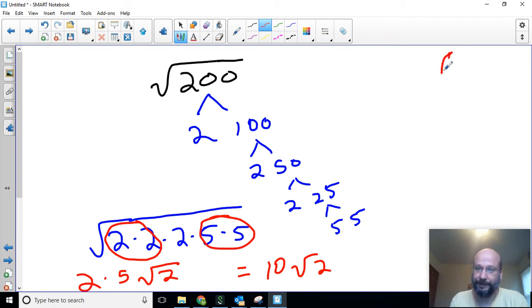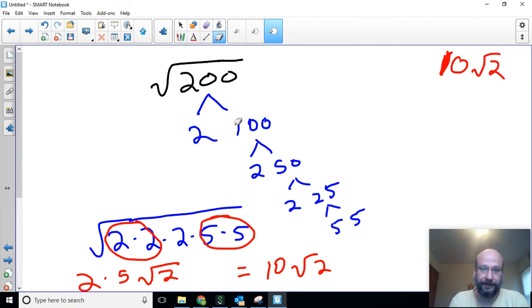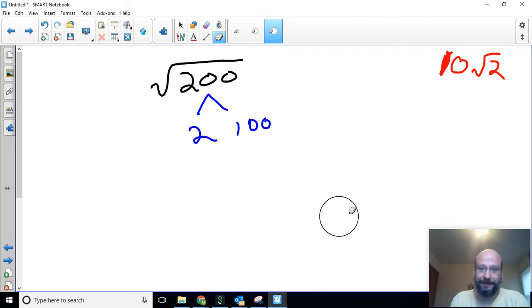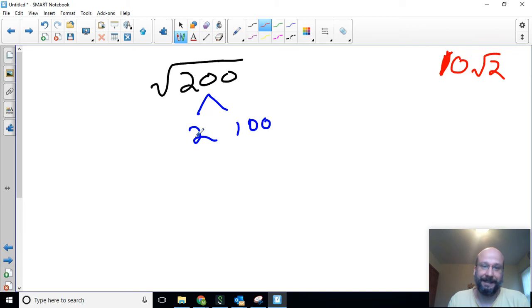Again, I'm going to put the answer here, and I'm going to show you, because some of you saw right away that 100 is a perfect square. Right? 100 is a perfect square, so I could have stopped here. The square root of 200 is the same as the square root of 2 times 100.